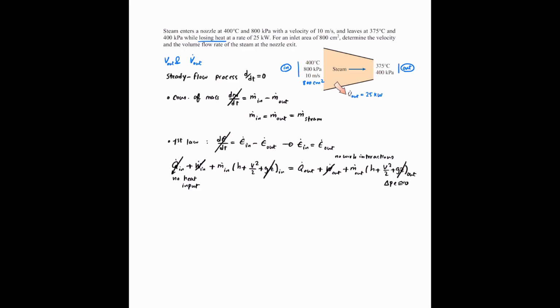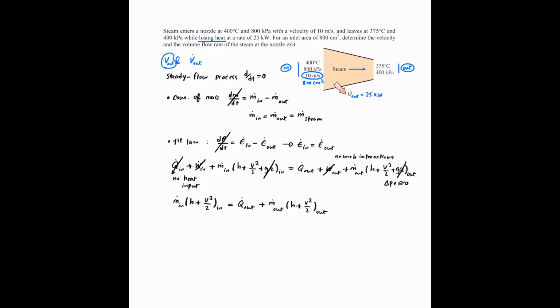So I see that V in is given, and I'm interested in V out, so I'm not going to get rid of kinetic energies. So what is left? m dot in times h plus kinetic energy per mass at the inlet is equal to Q dot out plus m dot out times enthalpy plus kinetic energy per mass at the outlet.